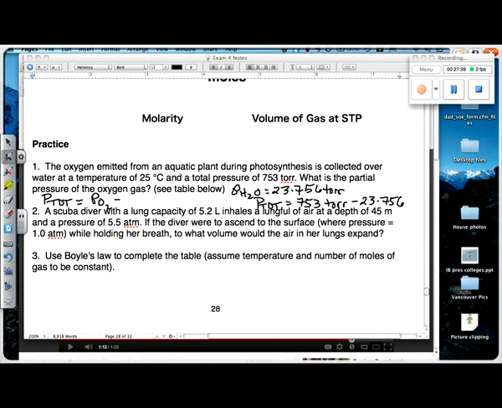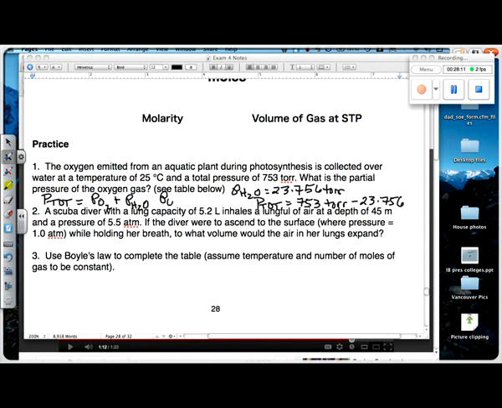So I'm just going to subtract off the water from both sides. 753 minus 23.756, and I end up with 729.24. 729.24 is my oxygen pressure.